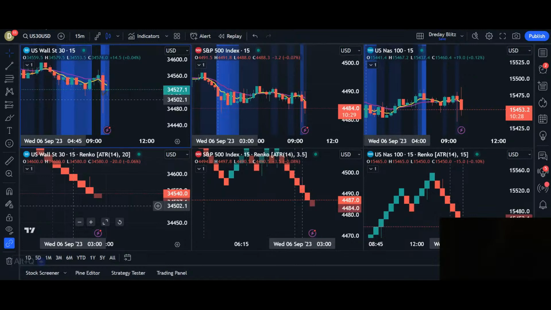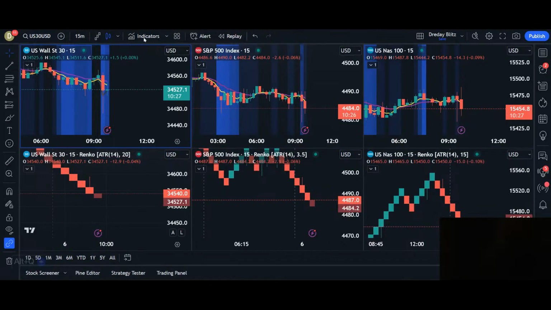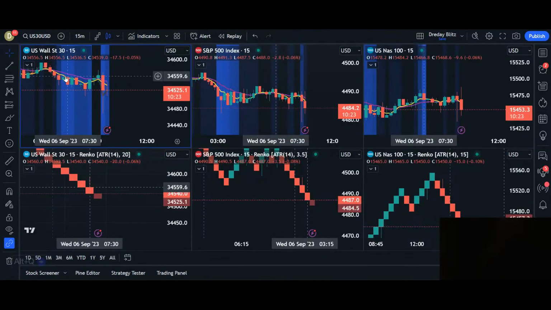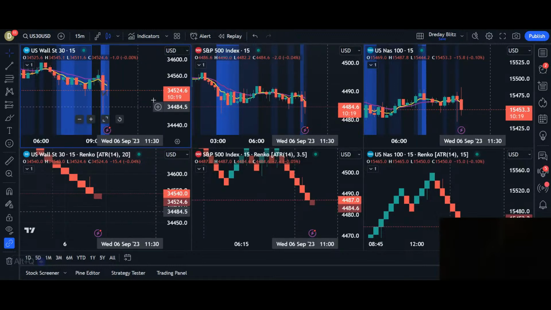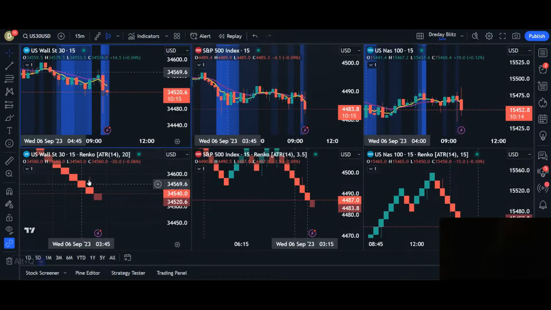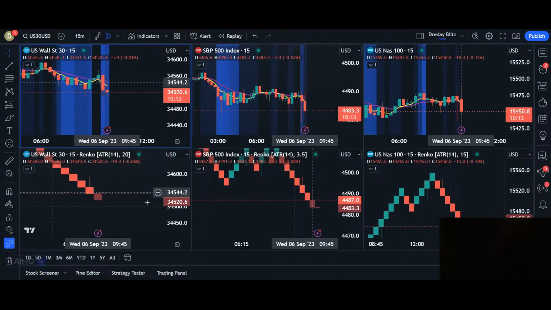But there's some move like this, or a wick like this, or a candlestick going up, that is giving you some indication that it's going to reverse, but it's totally not reversing at all.